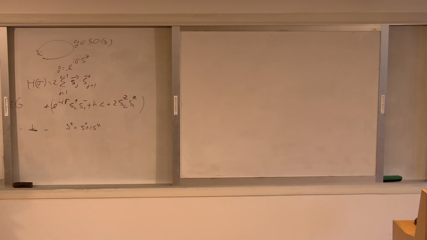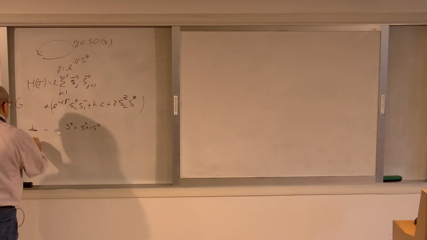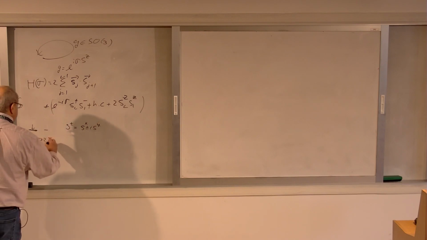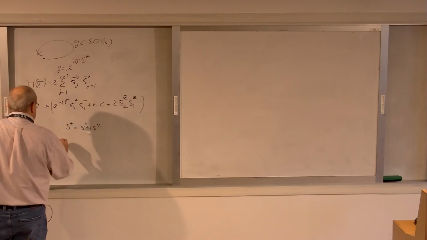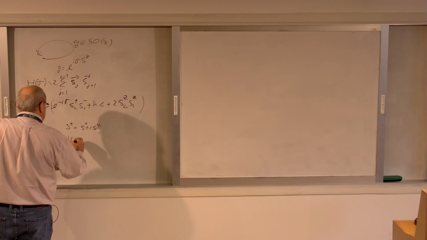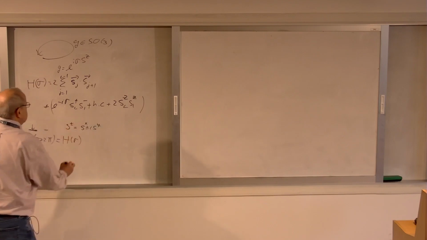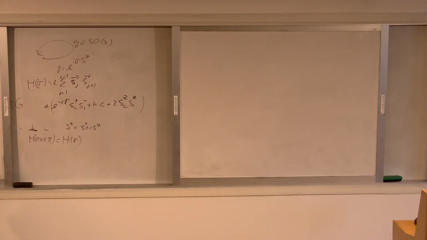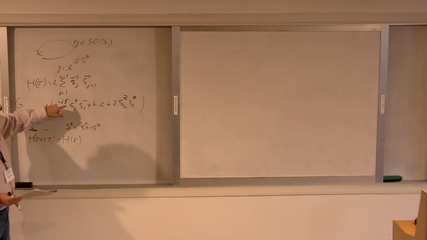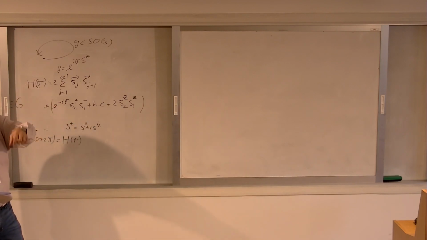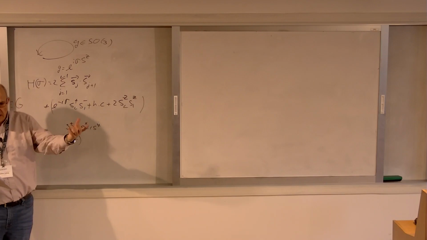So the first thing we see is that H of sigma plus 2 pi is the same. It's the same set of exercises that we did last week. We check, is it a good thing if I change sigma to sigma plus 2 pi? That's manifestly true, the same outcome. What about the fact that the defect should be topological? As we discussed last time, if I put the defect on one link or on another link, I should get the same system.